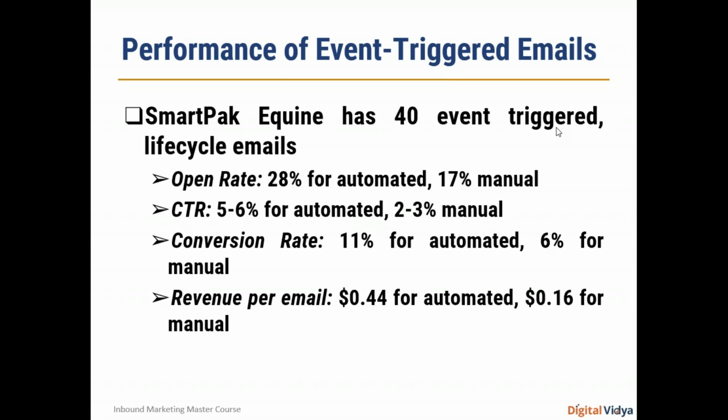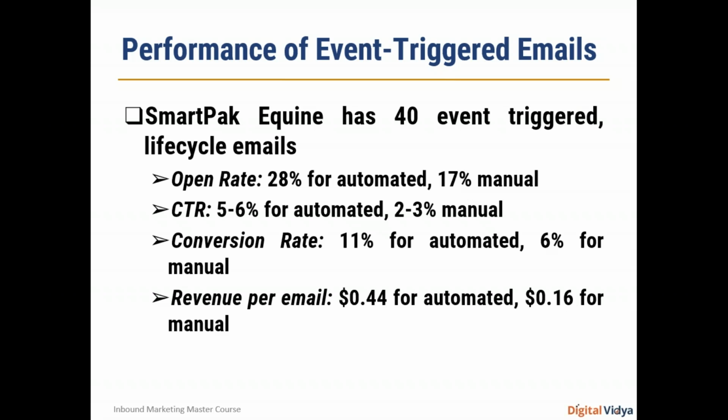This particular slide talks about a comparison. There is a company that did a comparison between automated email versus manual emails. The company is Smart Pack Equine, a company into horse supplements, and they have 40 event-triggered campaigns.